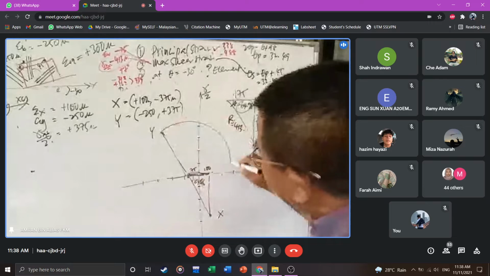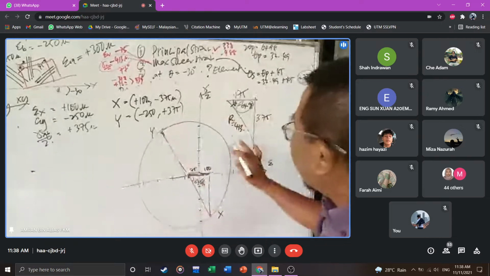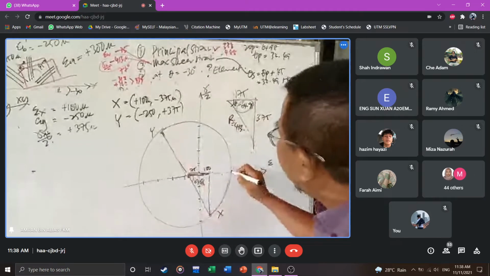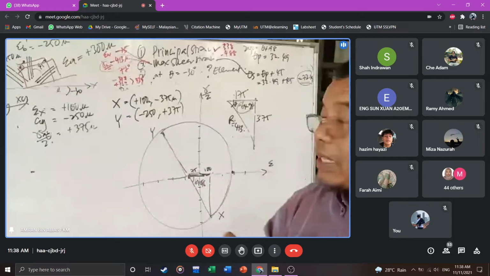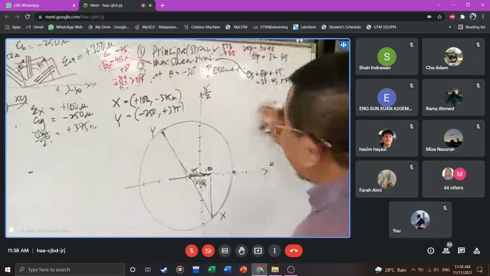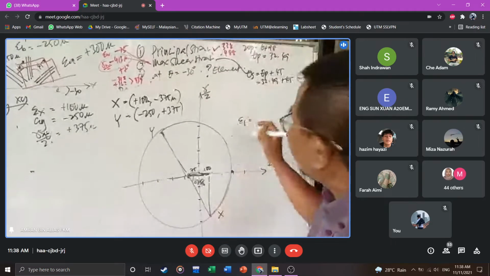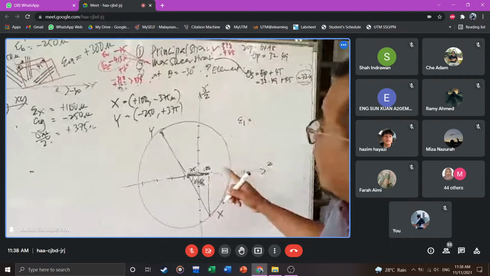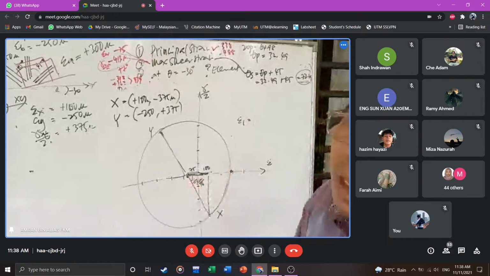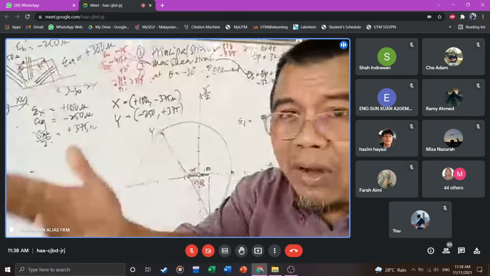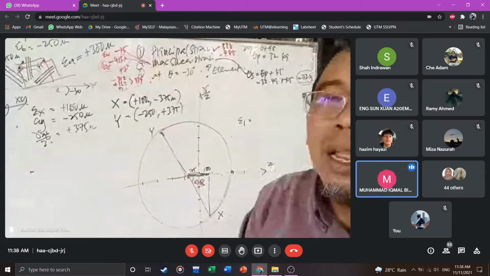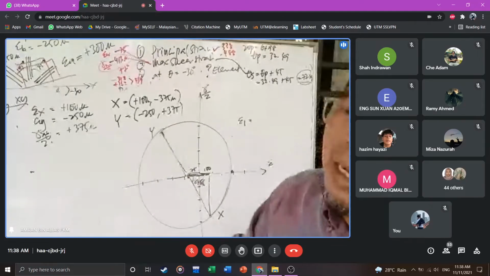There's a circle there. So what is your sigma 1 there? Mathematics. You look at that and do the calculation from here. What is sigma 1 there? How to get sigma 1? Forgot already? How did you get sigma 1? Radius, what radius?